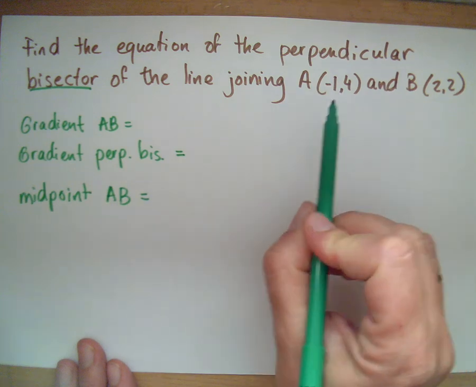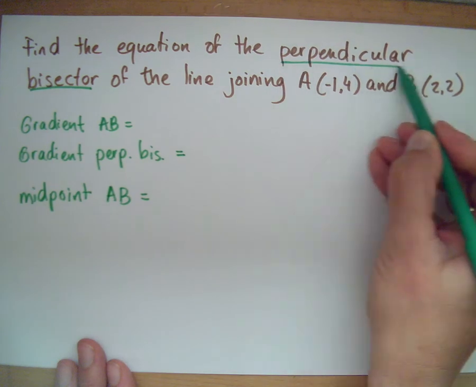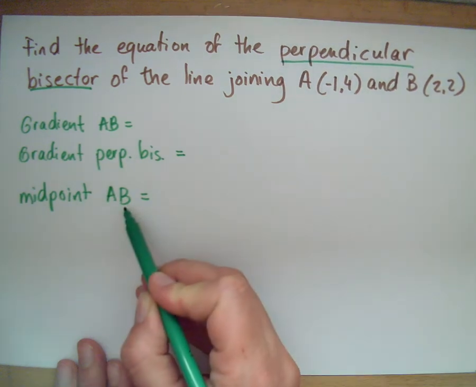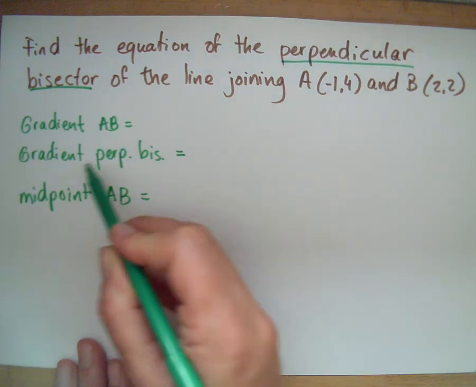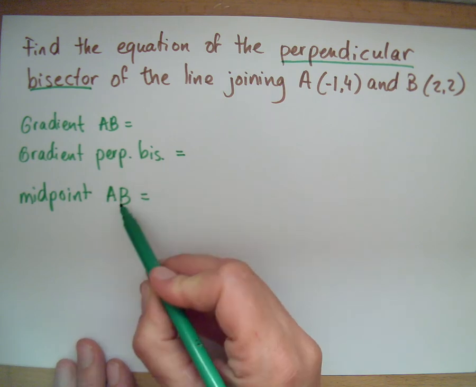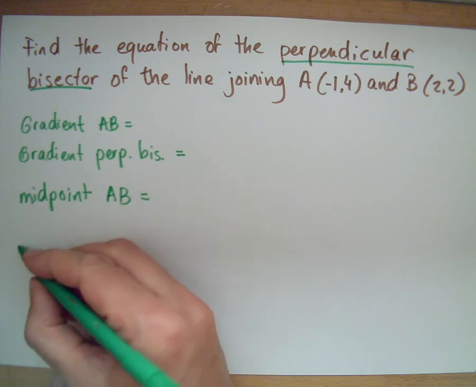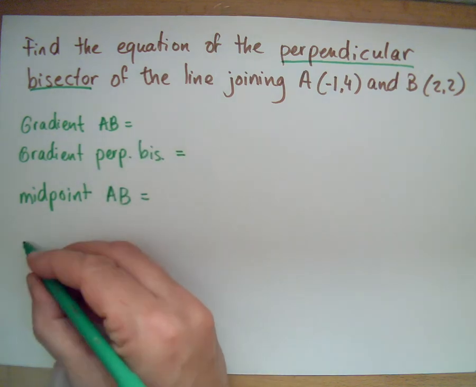That means we'll have a point where the perpendicular bisector passes through, and we have the gradient of the perpendicular bisector. That information is enough for us to find the equation of the perpendicular bisector.